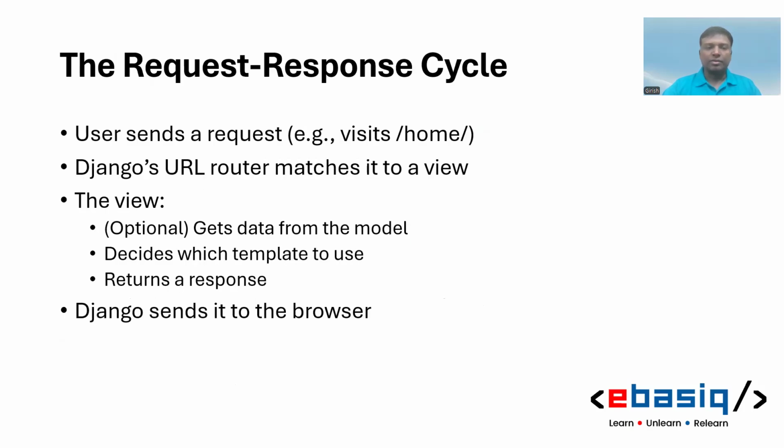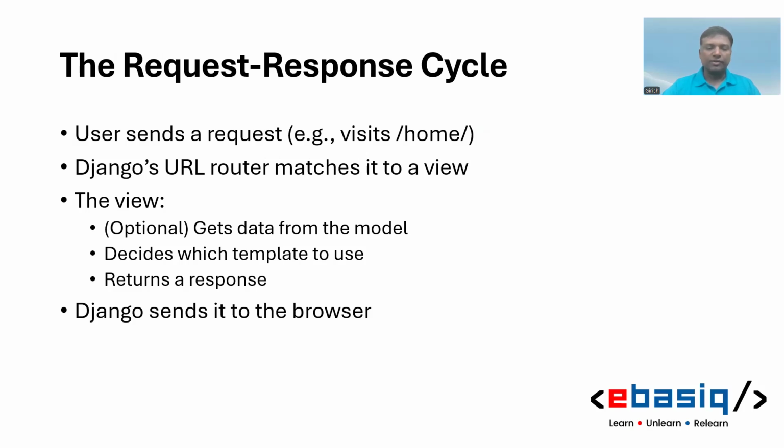And the request response cycle, if you see, whenever a user wants to send a request, okay, so he visits the website, let's say xyz.com/home. So he visits the home page, user sends a request, then Django URL router matches it to a view.